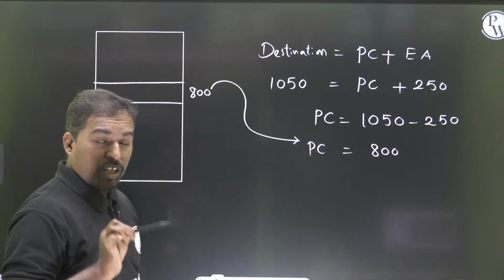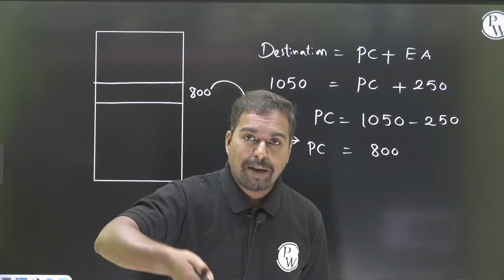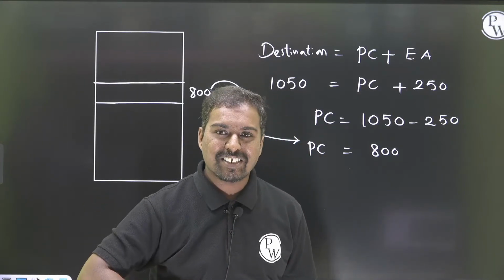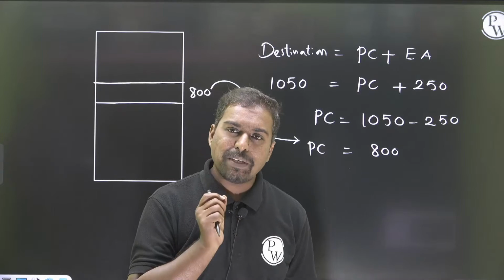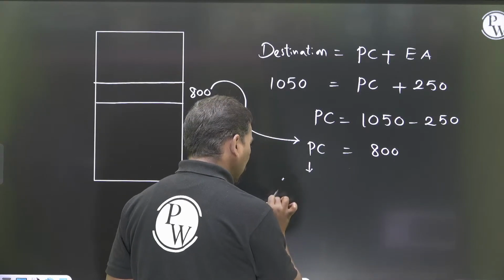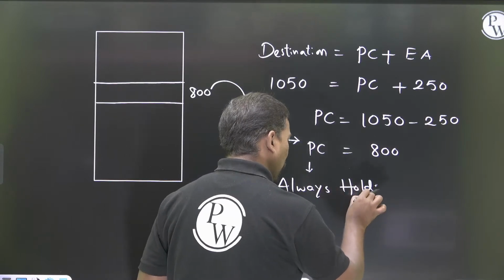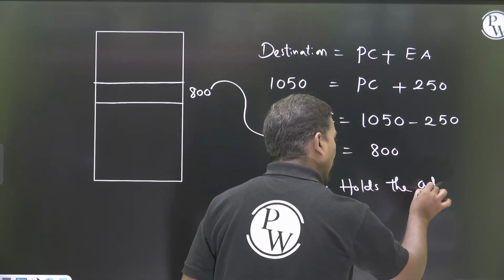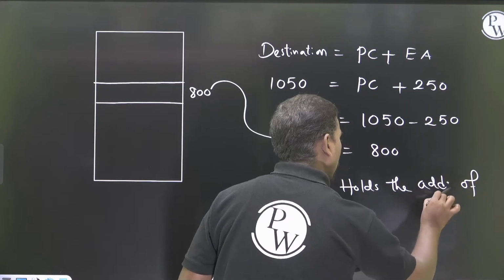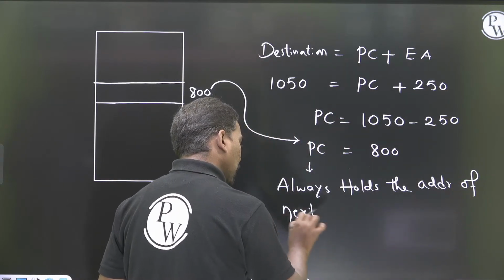But remember, when PC is 800, the microprocessor is executing the present instruction. What is the PC meaning? PC always holds the address of the next instruction. Am I right or not?